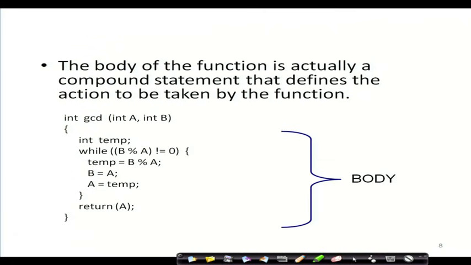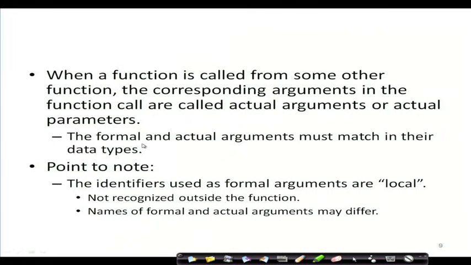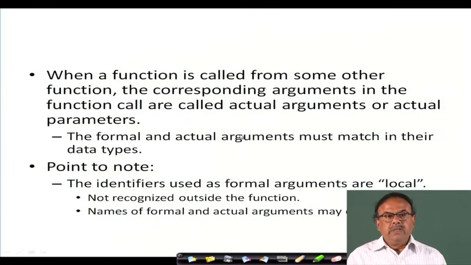Just in the earlier example, P and Q were actual parameters, and A and B, or X and Y, whatever was there, are the formal parameters or formal arguments. Now, as we had said, the formal and the actual arguments must match in their data types.